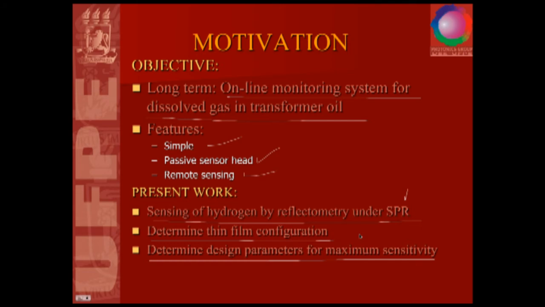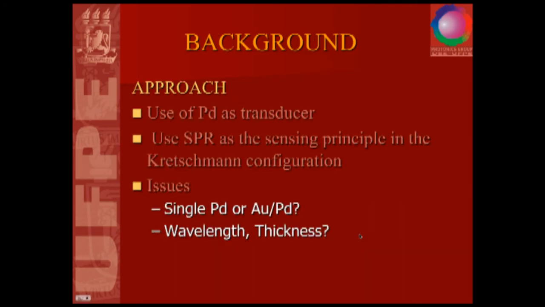And the idea is to use the simple Kretschmann configuration that can provide a surface plasmon resonance in the prism coupling configuration for detecting the gas. So the issue we are interested in is whether we should use a single palladium layer, as I pointed out before, or a combination to improve the sensitivity of the device.